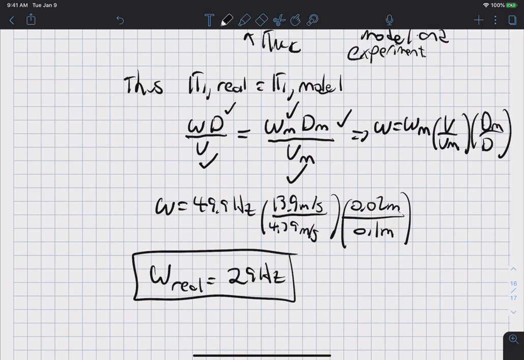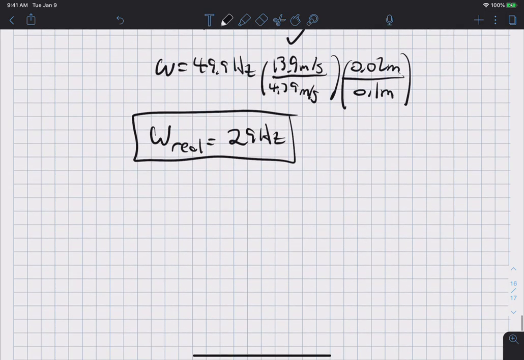Now, as a caveat, that's what you do if you have 2 or more pi groups. Now, what if there is only one pi group?